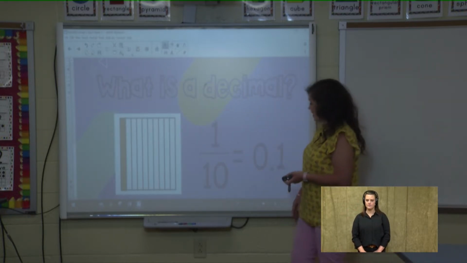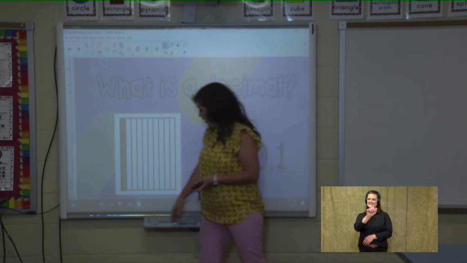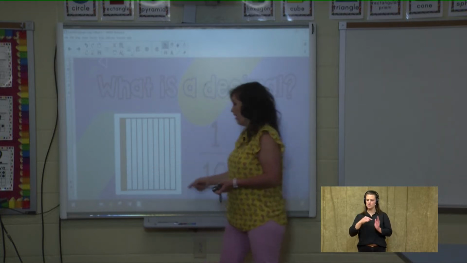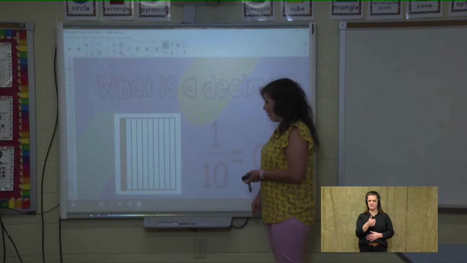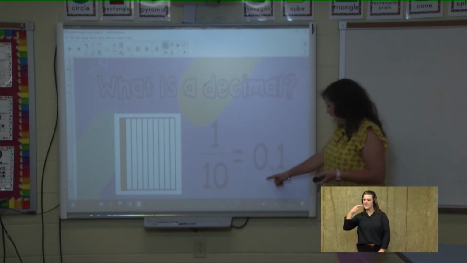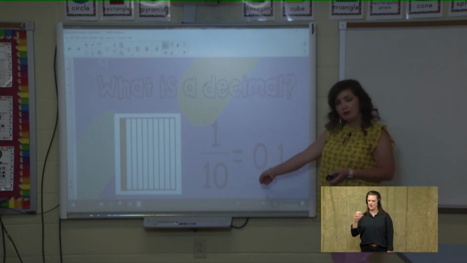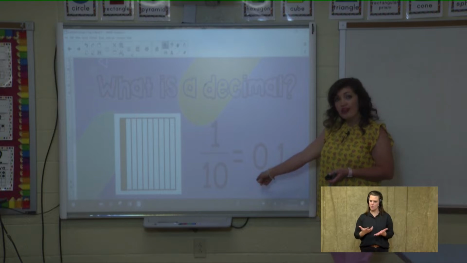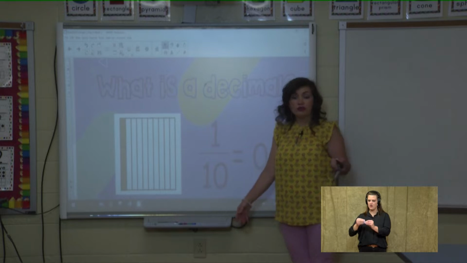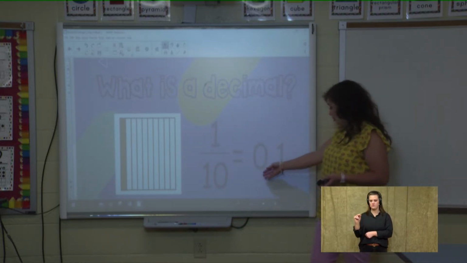All right, so let's look at our tens model over here. So we know that this displays 1/10, right? Well, if I wanted to write that in decimal form, I would write 0.1. Do you know what that 0 means? Well, that's our whole number. Do we have any wholes over here? No. So since we don't have any wholes, we put a 0 in our whole number place.